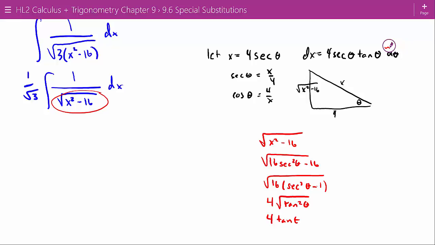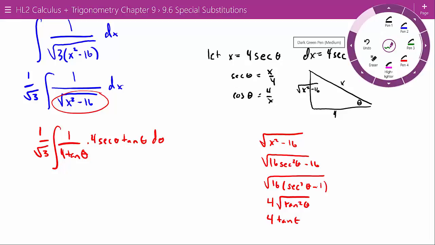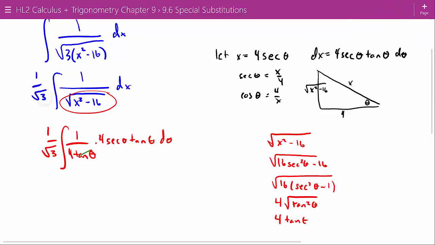Okay, so our integral becomes 1 over square root 3 times the integral 1 over 4 tangent theta times dx. So times 4 secant theta tangent theta d theta. And, oh golly, the tangents cancel.